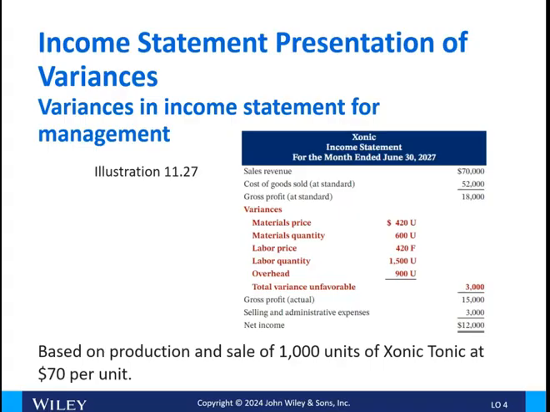So you have to make sure you add and subtract correctly to get the correct total variance, if it's favorable or unfavorable. So our $18,000 gross profit at standard, but we had 3,000 unfavorable variances. So our gross profit actual was $15,000. Then we take our selling and administrative expenses and get our net income.